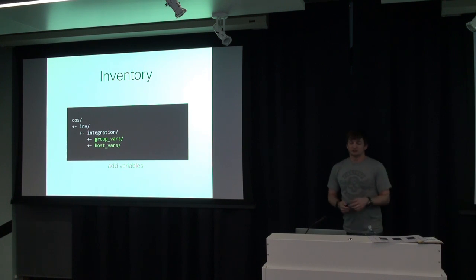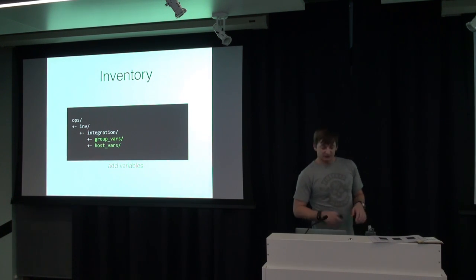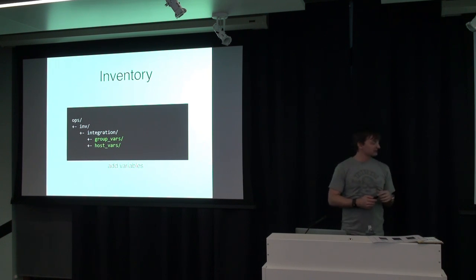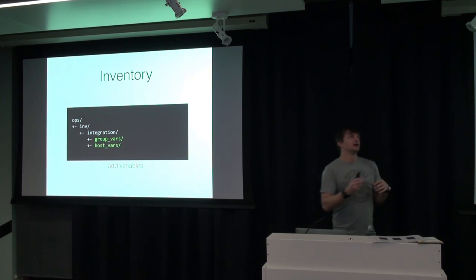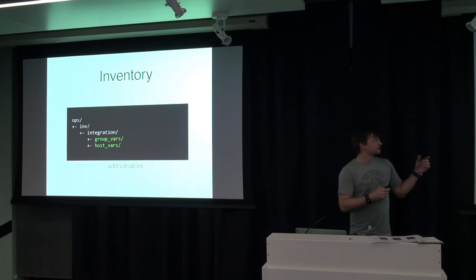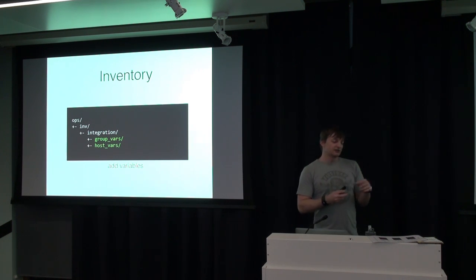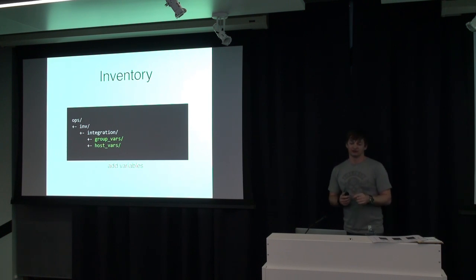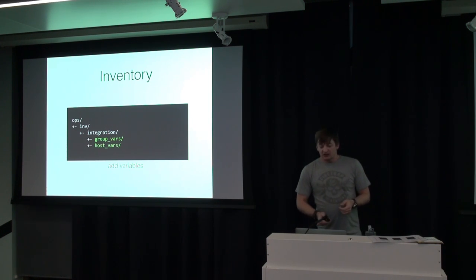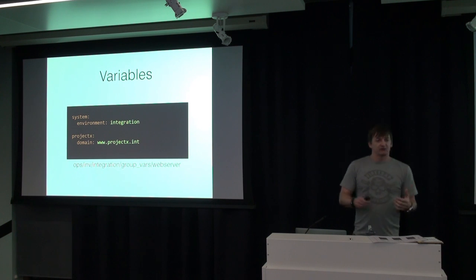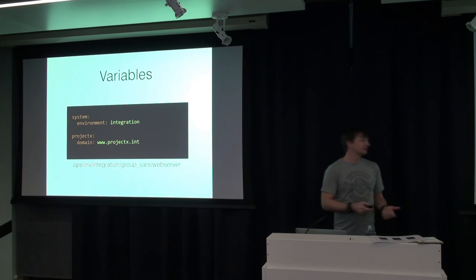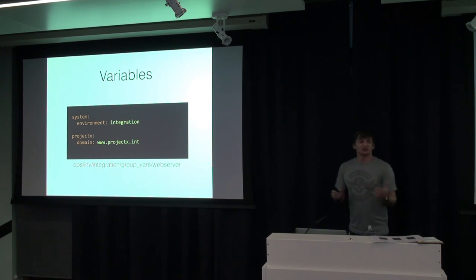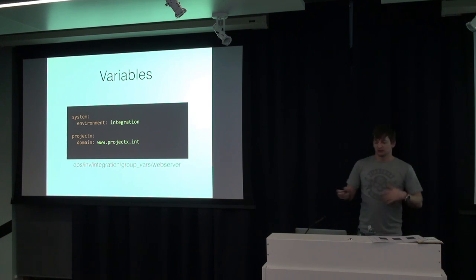So we create basically these two folders. We only need the group vars folder in this example, but with YAML files in these two folders, you can create variables that are specific to a specific host in your inventory, or specific to a special group in your inventory. So if we want to create variables for all our web servers, we create a webserver YAML, and in our case, we're just using two variables to show how this all works.